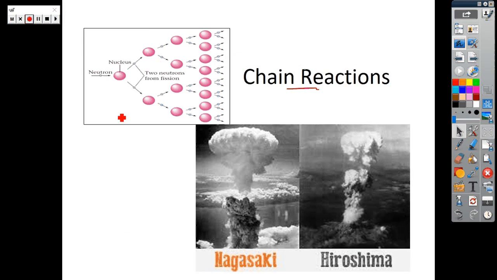And if the nuclear reaction has atoms that are packed close enough together so that just about every neutron is going to come off and hit another radioactive atom and split it, then you can get a chain reaction. One nucleus splitting turns into 2, turns into 4, turns into more, and you get this exponential growth. Here's where we get an explosion. This is the kind of thing that you would see in a nuclear bomb like the one that happened at Nagasaki or Hiroshima.